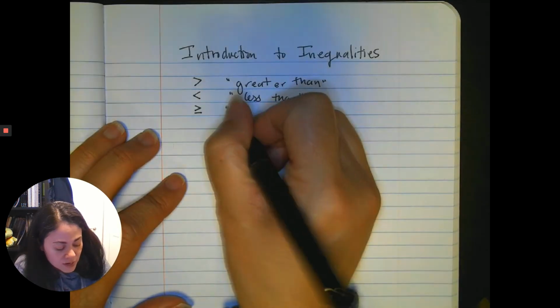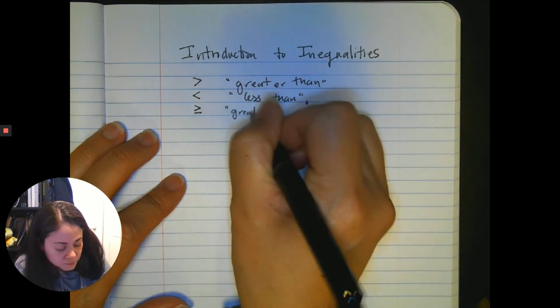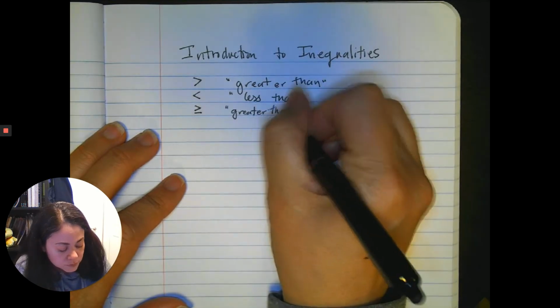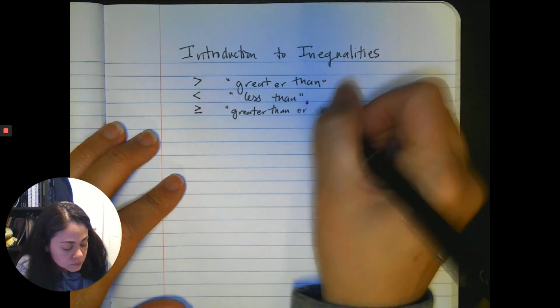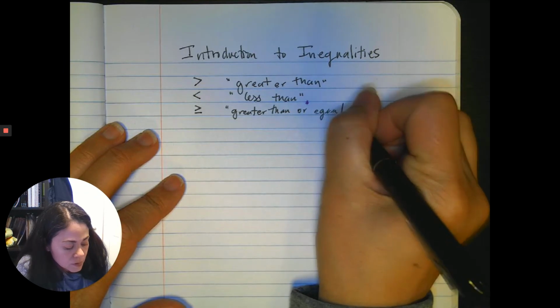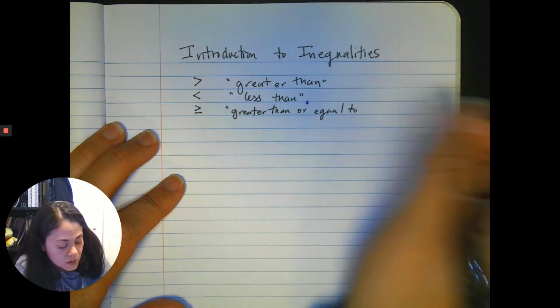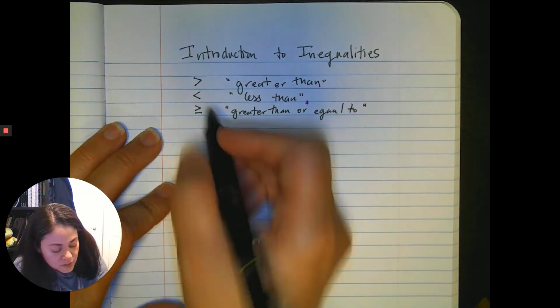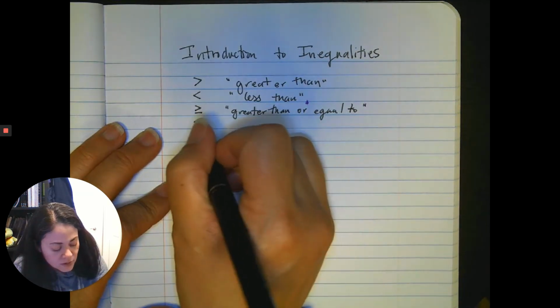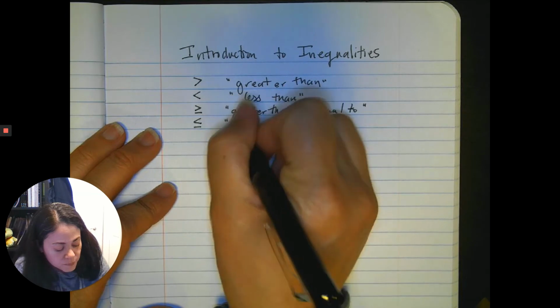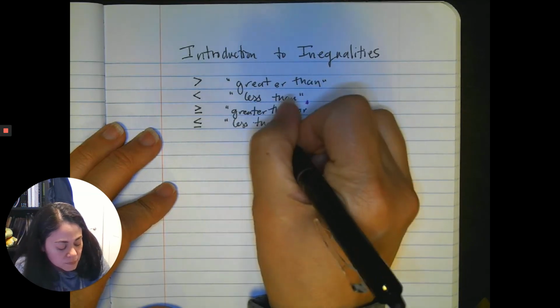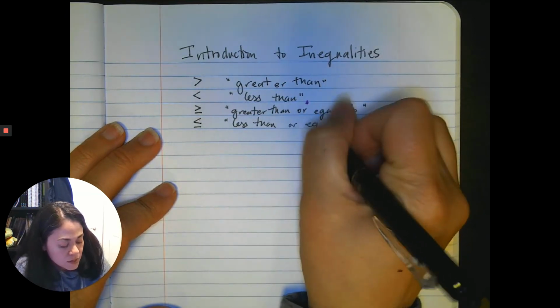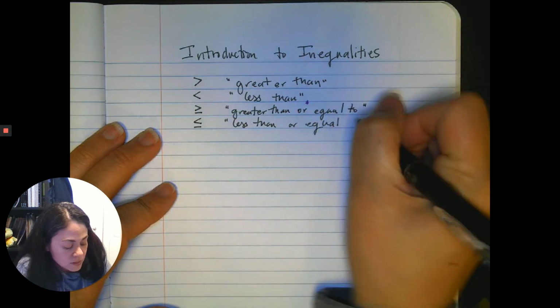And we do read that as greater than or equal to. And then we also have the correlating symbol of less than or equal to. And let's just kind of remind ourselves exactly what that means.